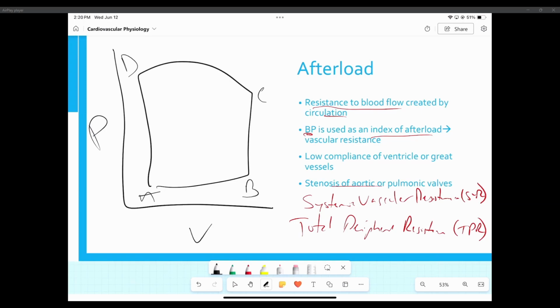Isovolumic contraction. And what are we trying to do with the pressure generated from this isovolumic contraction? We're trying to overcome aortic pressure, which is also known as afterload. Remember, overcoming pressure that opposes blood leaving the heart. Afterload. So C is afterload.